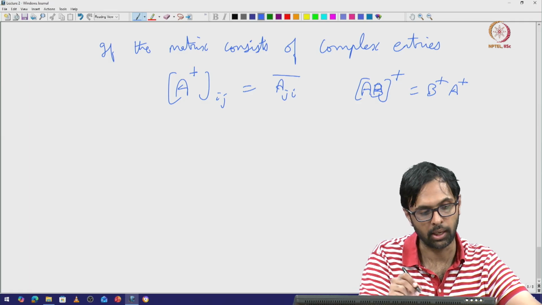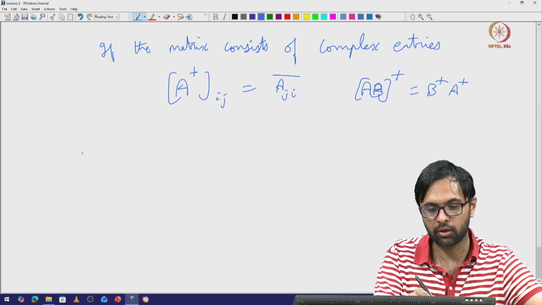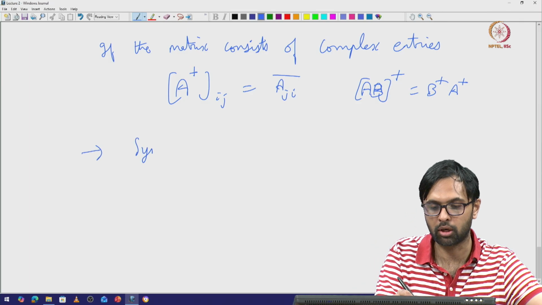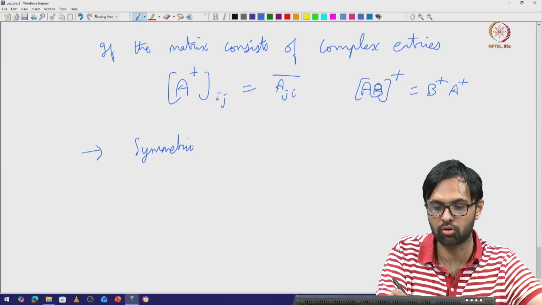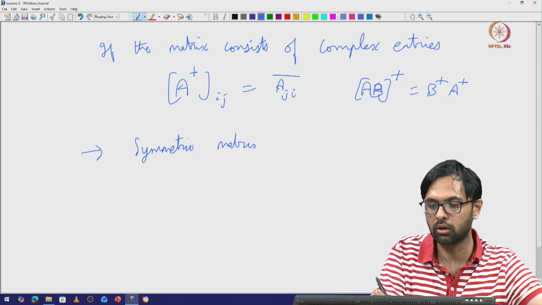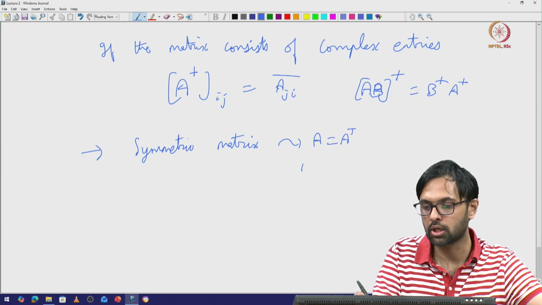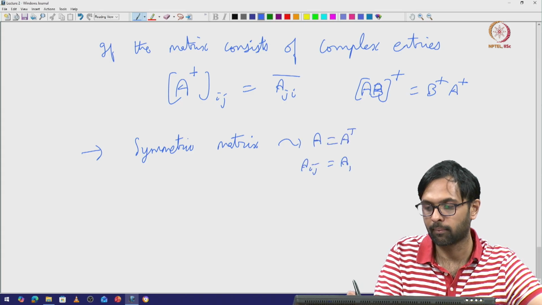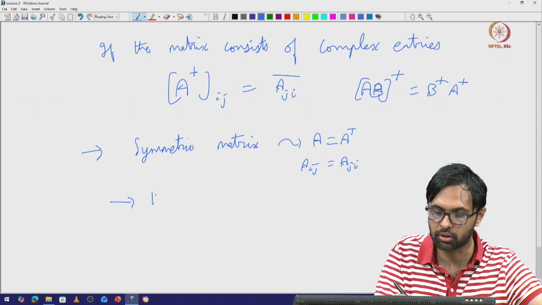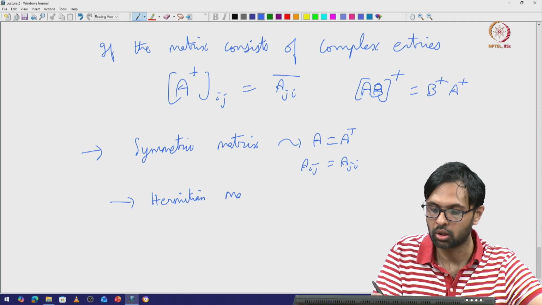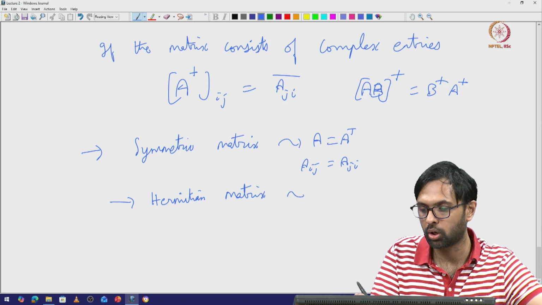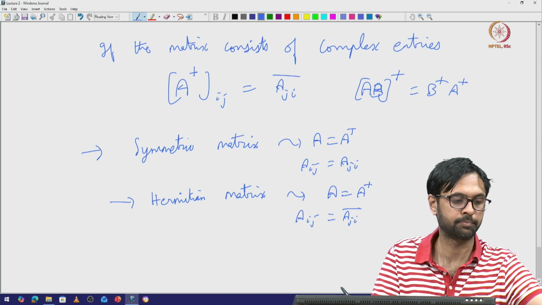Now, one more definition: a symmetric matrix. What is a symmetric matrix? It is one that equals its transpose. In other words, A_ij equals A_ji. And a Hermitian matrix is one that is equal to its Hermitian conjugate, that is A_ij equals A_ji bar.